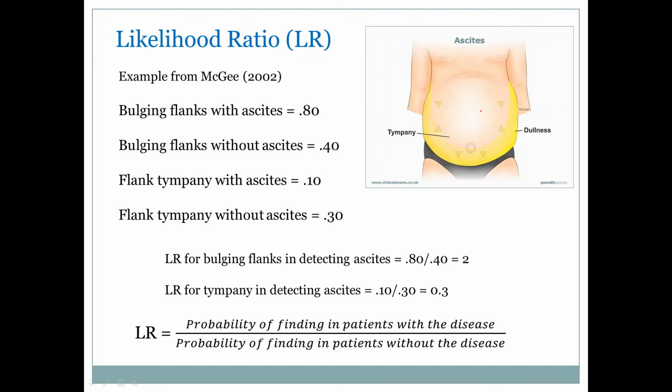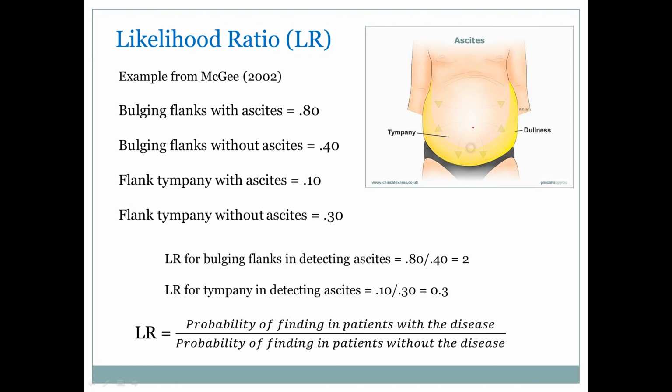One of them is that they'll look for bulging flanks. Bulging flanks is when you can see on the side that there's some bulging coming out. Or they can check for tympany, which is when they thump it like thumping a watermelon. If it's a hollow sound, that's probably gas and not water or fluid.